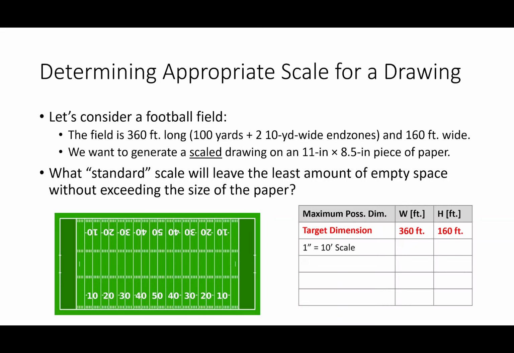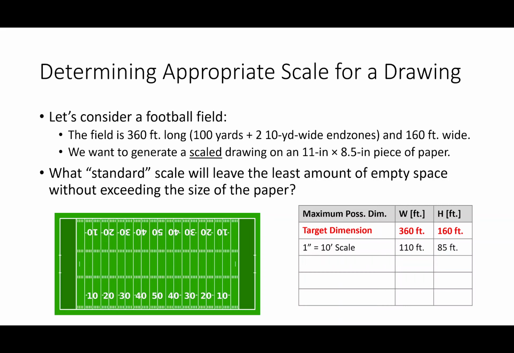Let's say that I used a scale of 1 inch equals 10 feet. If I use 1 inch equals 10 feet, I propose that the biggest object I could put on an 11 by 8.5 sheet of paper is an object that's 110 feet wide and 85 feet tall, and that's if the object encompassed the entirety of the sheet.